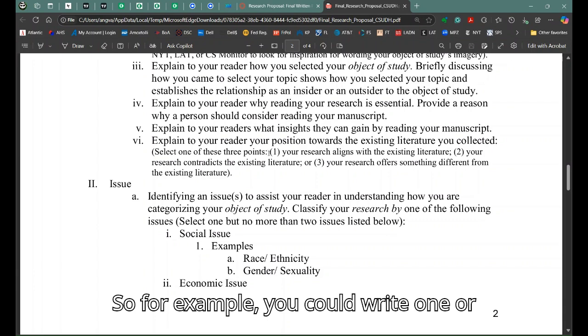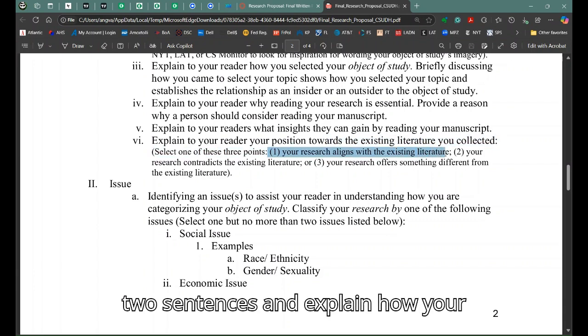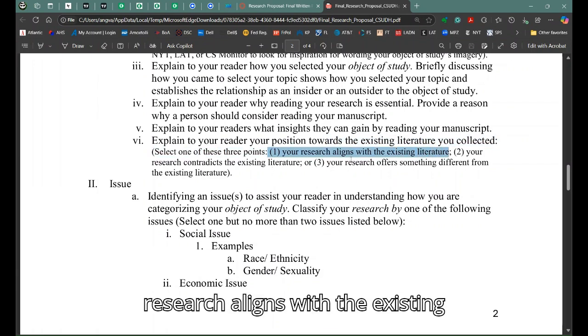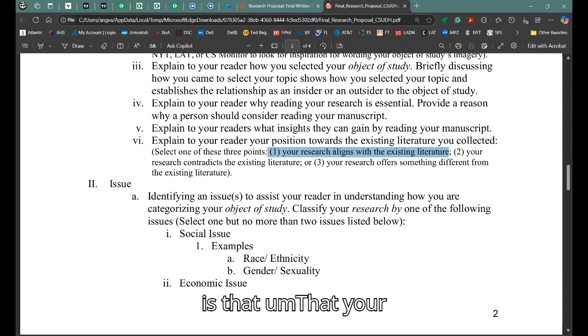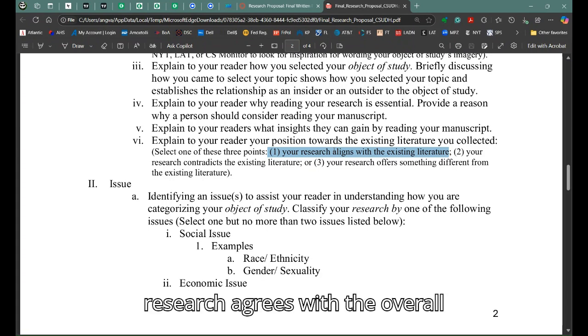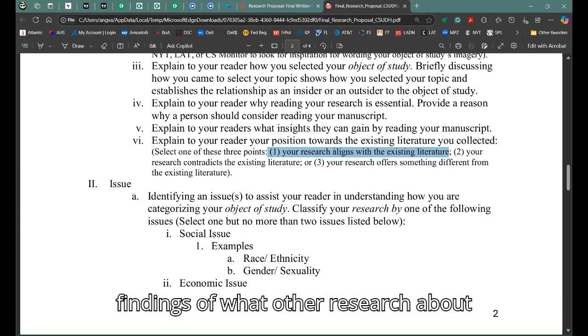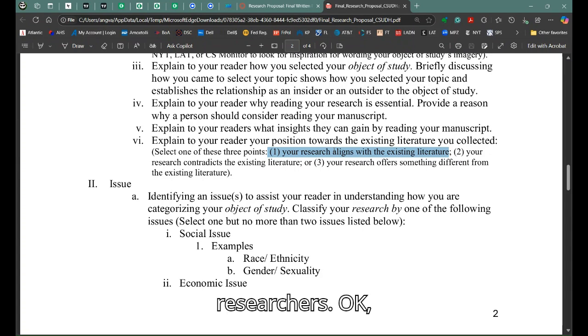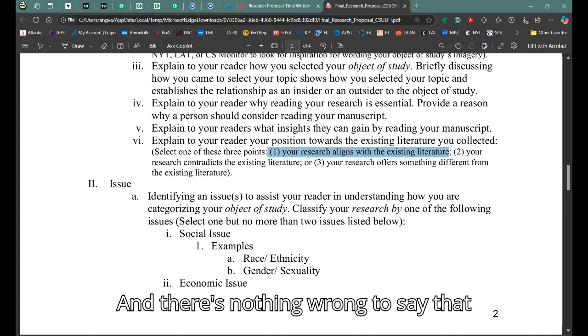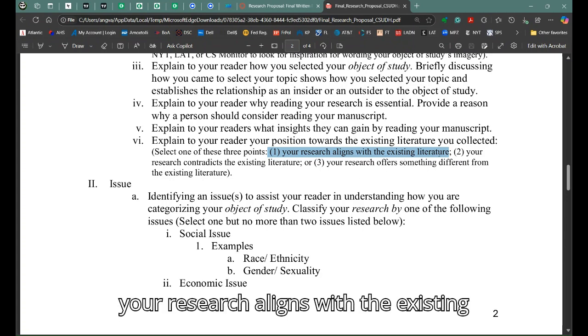So, for example, you could write one or two sentences and explain how your research aligns with the existing literature. What this basically means is that your research agrees with the overall findings of what other research about your particular topic has consistently found among other researchers. And there's nothing wrong with saying that your research aligns with the existing literature.